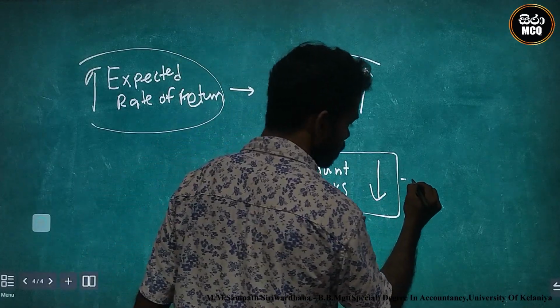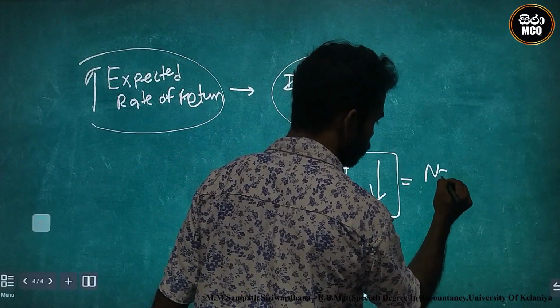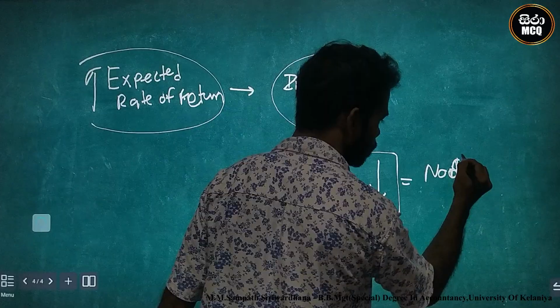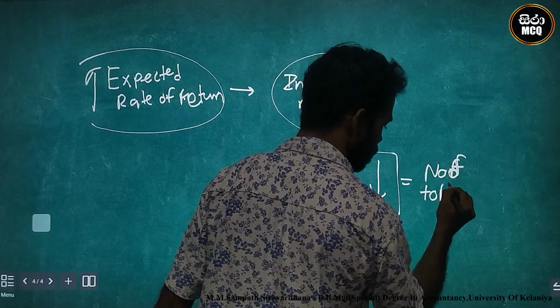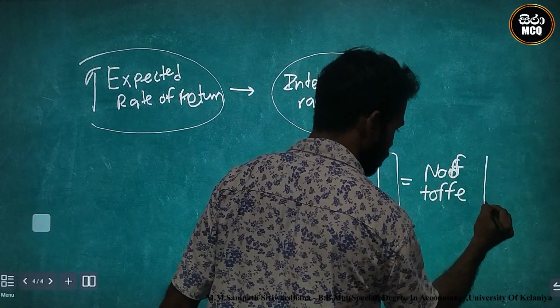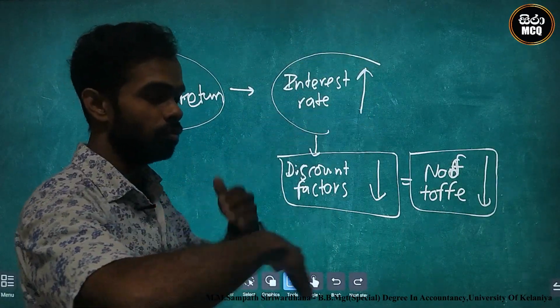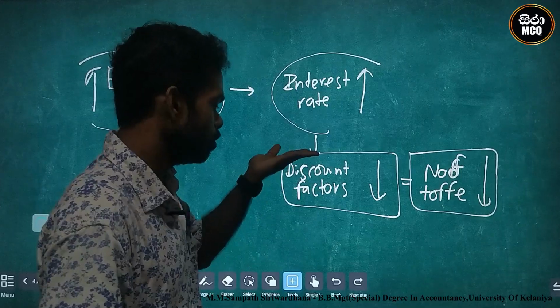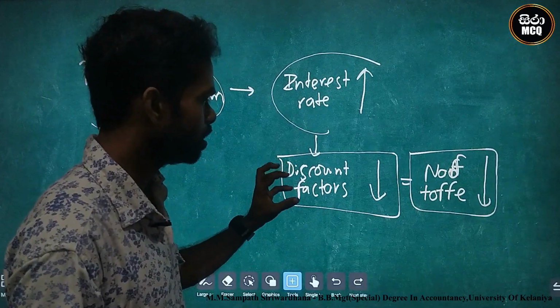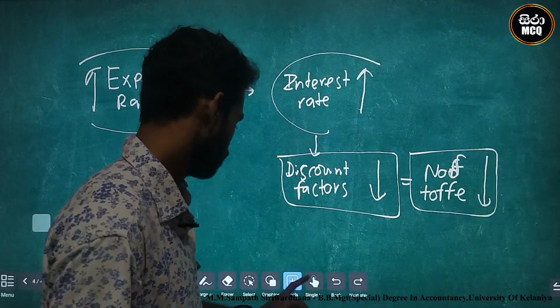What is the meaning of discount factors? The number of toffees decreasing. Why? Interest is increasing. There is inflation, no? At that point, discount factors are decreasing. Discount factors are the same as toffees.